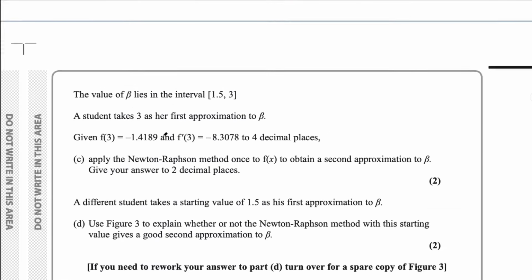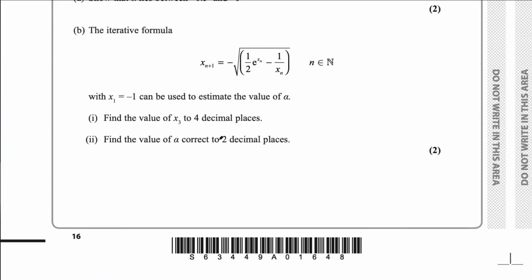And then for part 2, the question says, find the value of alpha correct to 2 decimal places. So what we've been doing here is to iterate to find alpha. So we have an approximation for alpha with x sub 3.